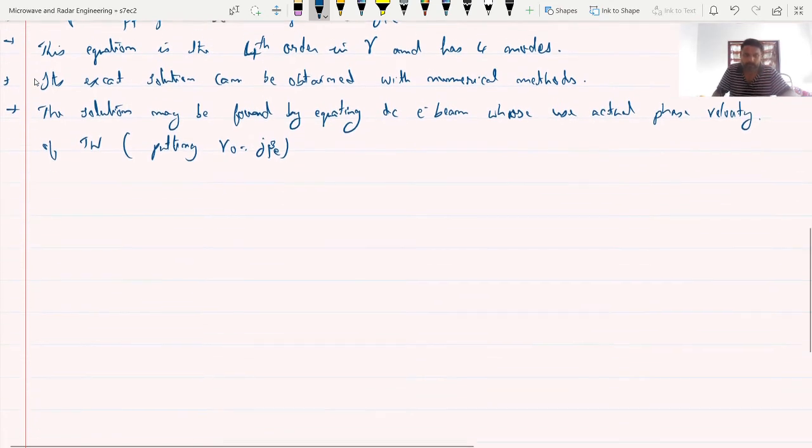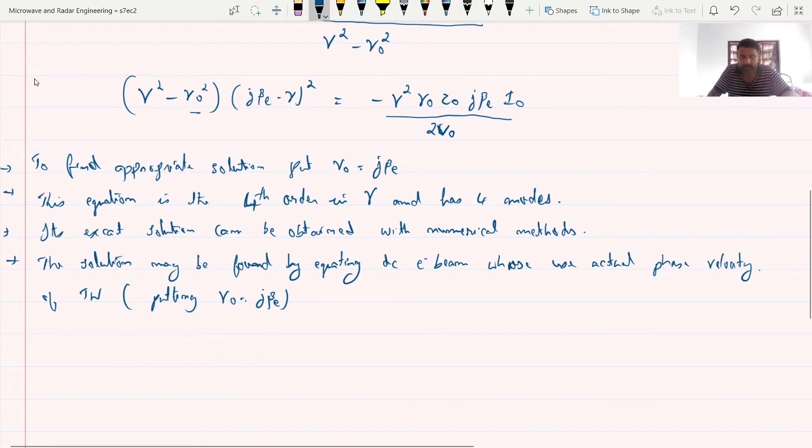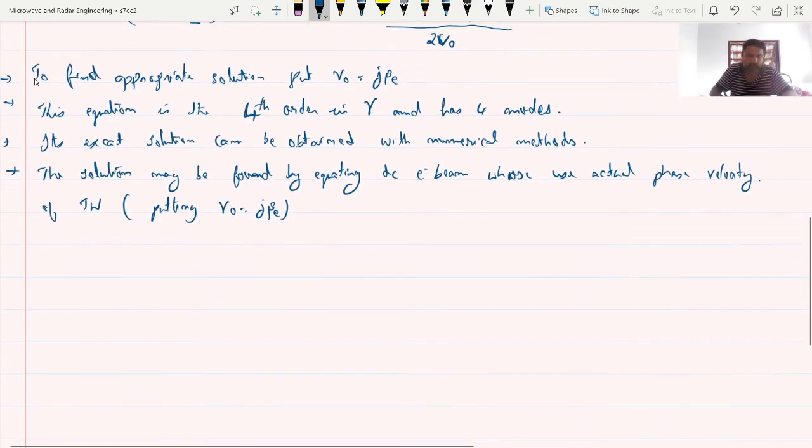Here I will put gamma naught equal to j into beta e. Then we can see that.